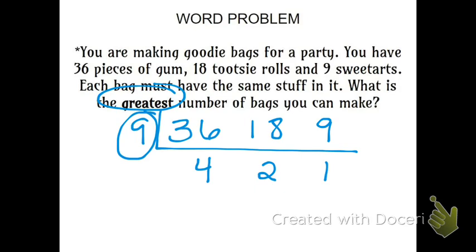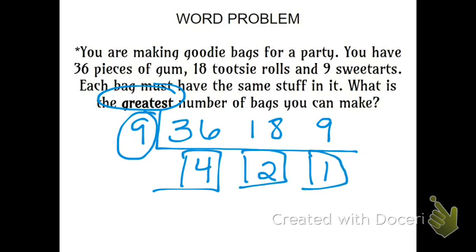Now, here is where it gets kind of interesting. We also have additional information here. We know how many of each thing is going to be in each of the 9 bags. So how many pieces of gum are going to be in each bag? 4, because that's what we got right here. How many Tootsie Rolls? 2. And how many Sweet Tarts? 1.